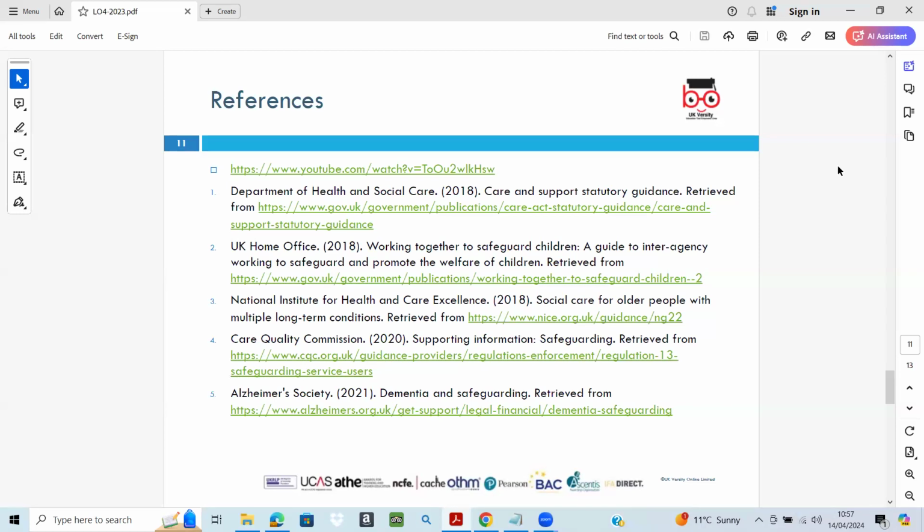And again, as I said earlier, person-centered care is foundational, ensuring that the rights, choices, and preferences of individuals are respected and they are empowered to make decisions about their own care.